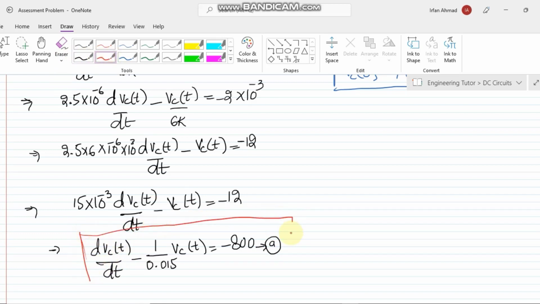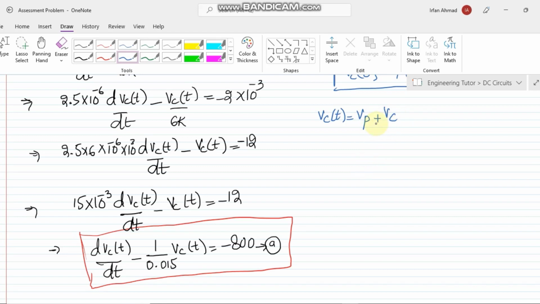Okay, so that is the equation which we have to find out, and that is the first order non-homogeneous differential equation, and now we have to find the solution of this equation. We can very easily see here that the solution will consist of two terms. First one will be the particular solution and the second will be the complementary solution.